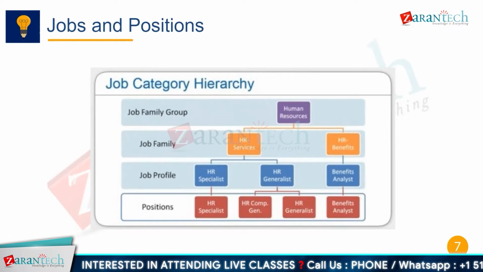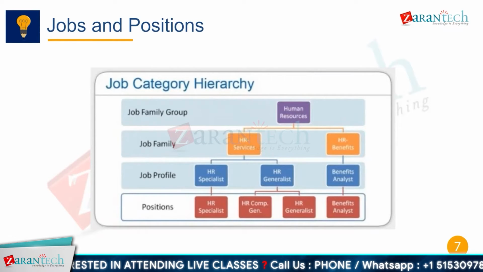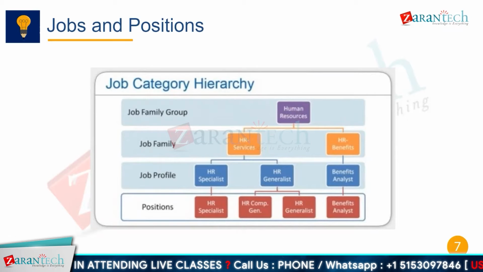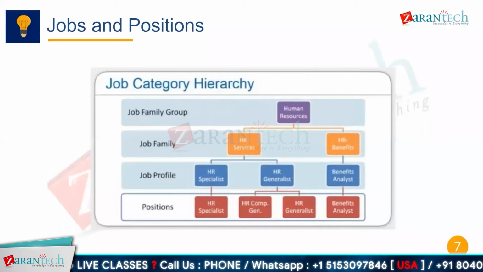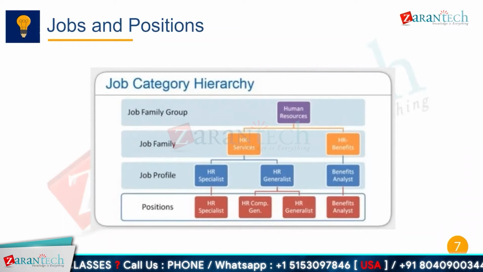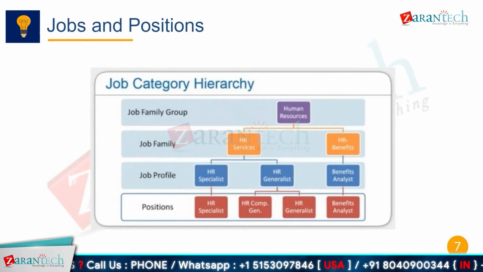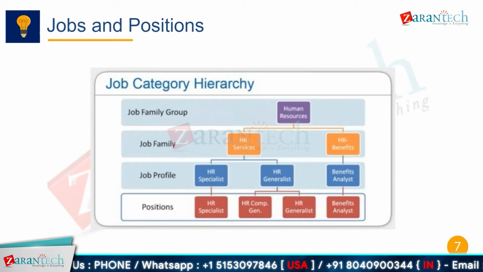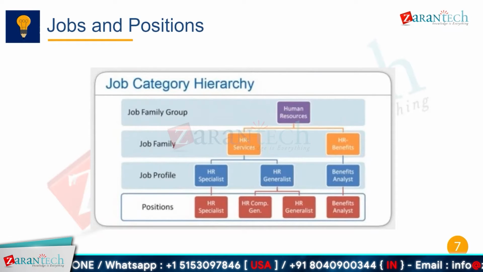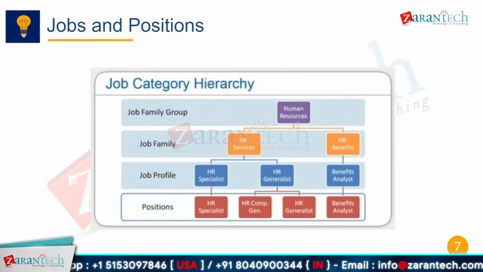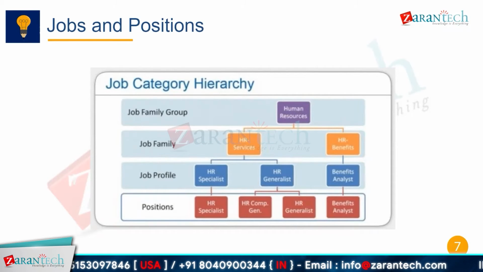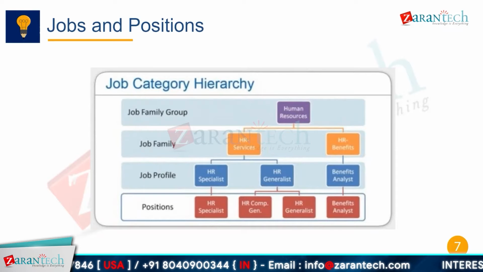So this is how you create the family group as a top level hierarchy. And then you can have multiple job families in there. And then you can have your job profiles within your job families. So in this way, with the job family and job family group, you can start creating a group hierarchy within your tenant for all the job profiles and the positions that you're hiring.